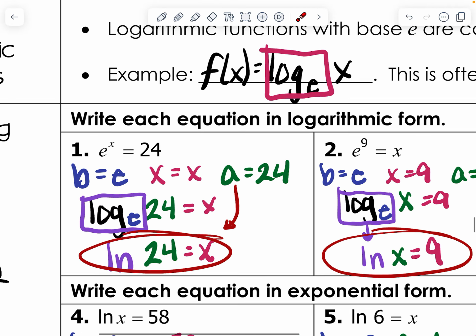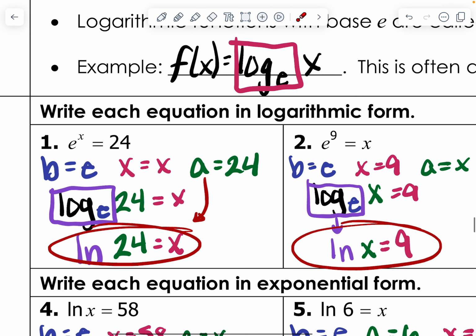So as an example here in number 1, my b value is e, my x value is x, and my a is 24. So I plug all of those things into my log function, and I get log base b of a equals x. But instead of writing log e, we write it just as ln, or natural log.